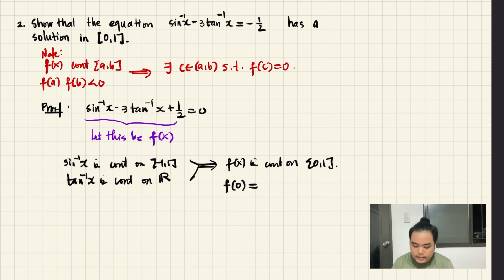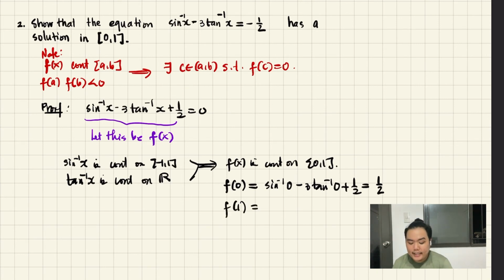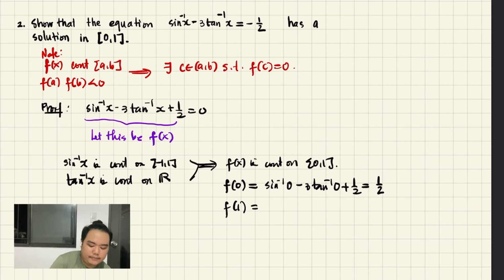Sine inverse of 0 minus 3 tangent inverse of 0 plus 1/2 is equal to 0 minus 0 plus 1/2, which is positive. So, let's hope f of 1 is negative so that we can apply one version of the intermediate value theorem.